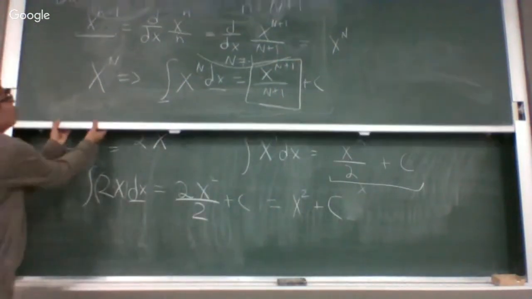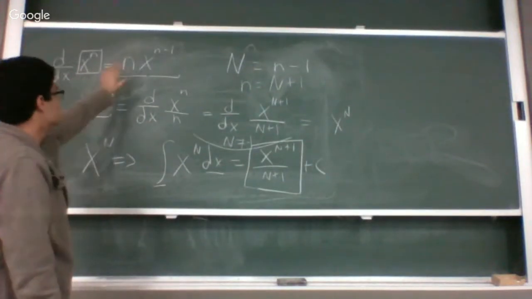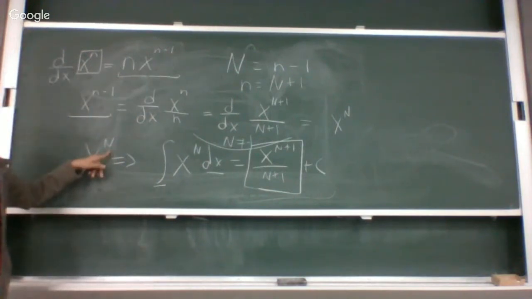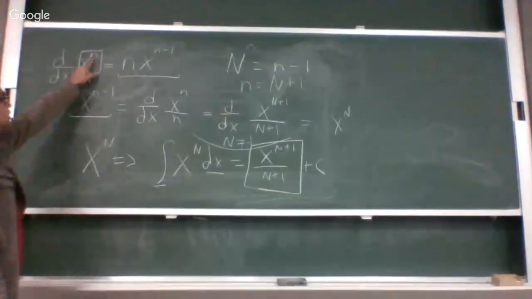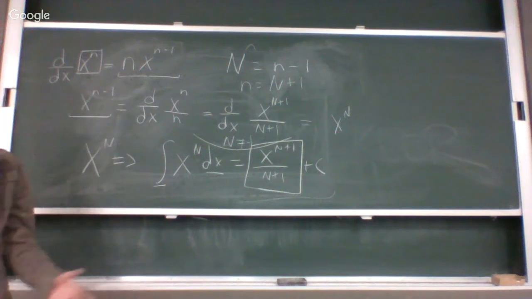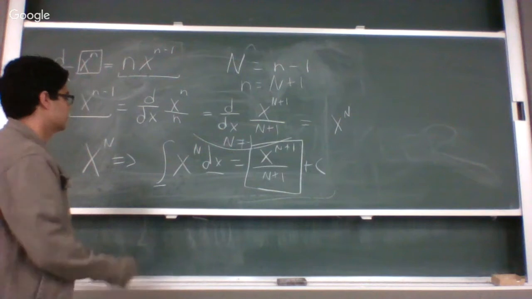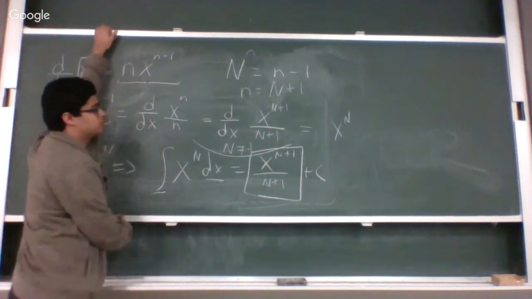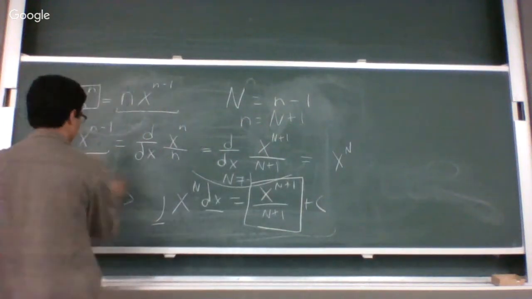The whole idea of this is to isolate x to the n minus 1, which we make x to the capital N. So then when we take the integral of it, we get n plus 1 divided by n plus 1. It's mathematically equivalent. Yeah. I mean, there's plenty more when you get to sine, cosine, log, e's.